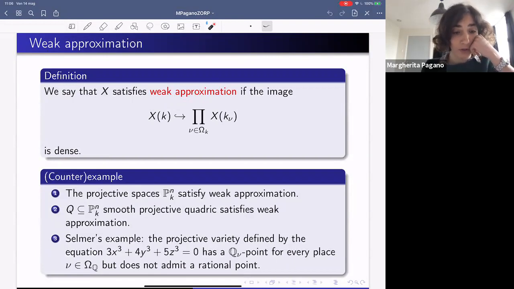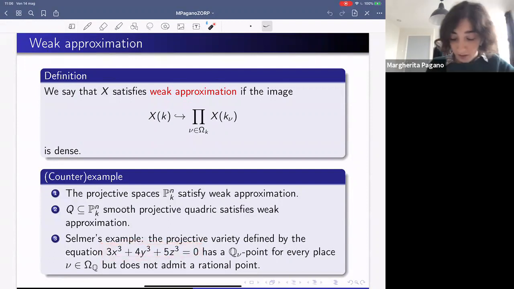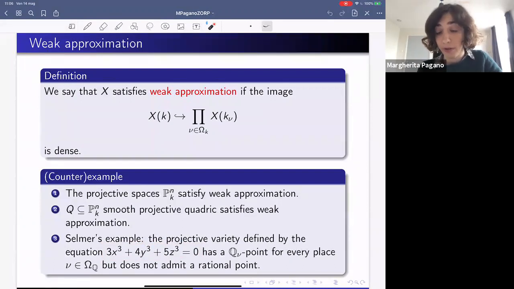Let me just mention a non-example. If we look at the projective variety defined over the rational numbers by the following equation. Selmer has proven that this equation admits a Q_nu-point for every place nu. This just means that this equation has a non-trivial p-adic solution for every prime p, and has a real solution.